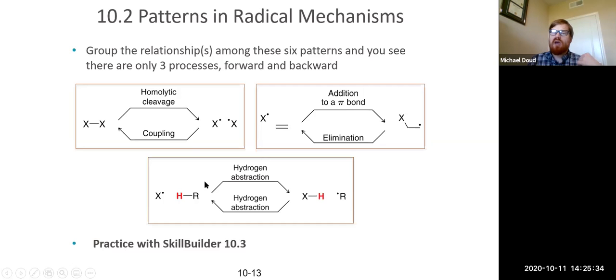And then finally, you have hydrogen or halogen abstraction. And basically this is its own kind of forward and backward pattern. Here, the X abstracts the hydrogen from R, giving you the R radical and XH bond. But you can imagine the reverse process where the R radical abstracts the hydrogen from X and gives you the X radical with the HR bond. So yeah, that's really the three processes that you have to worry about.